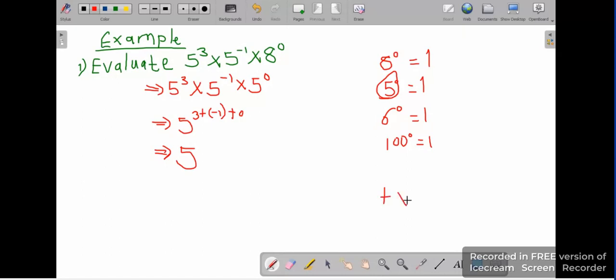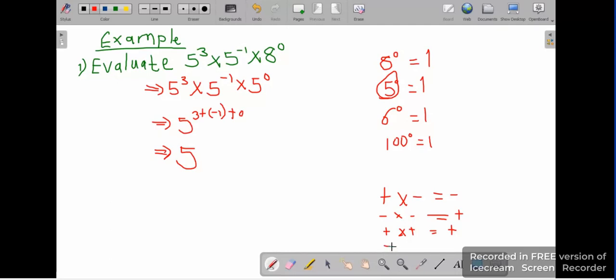Whenever we're multiplying signs, negative multiplied by negative gives us positive. Positive multiplied by positive gives us positive.